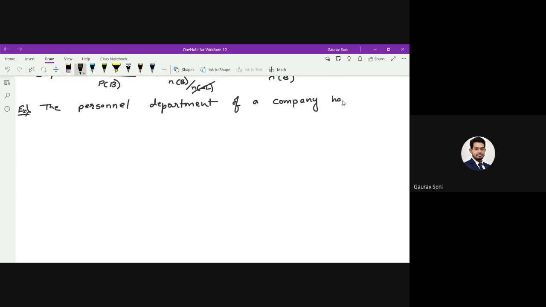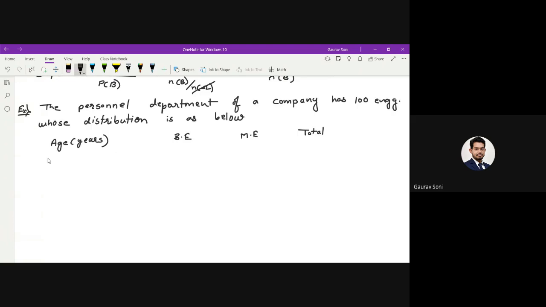Next one. The personnel department of a company has 100 engineers whose age distribution is as below. Age in years: 20 to 30, 30 to 40, greater than or equal to 40.